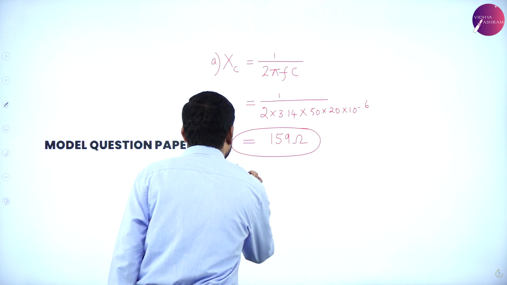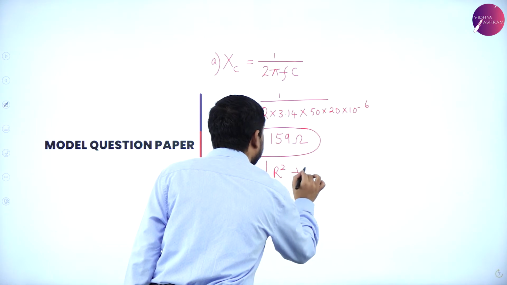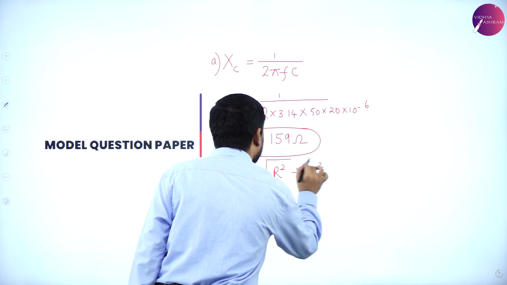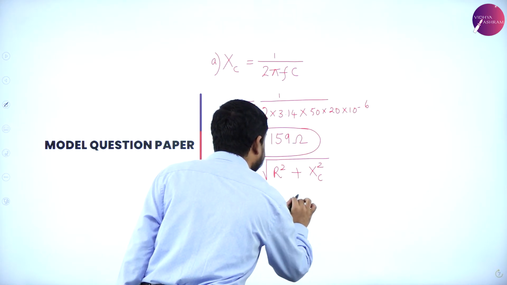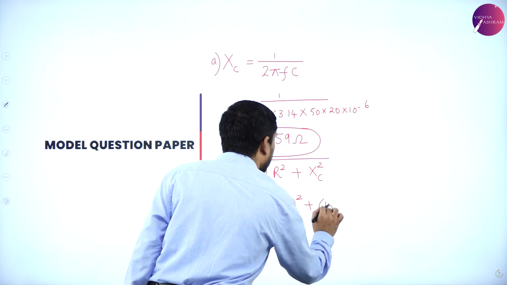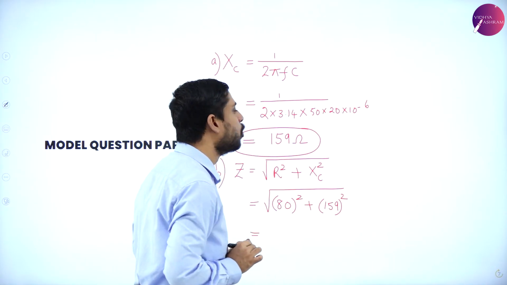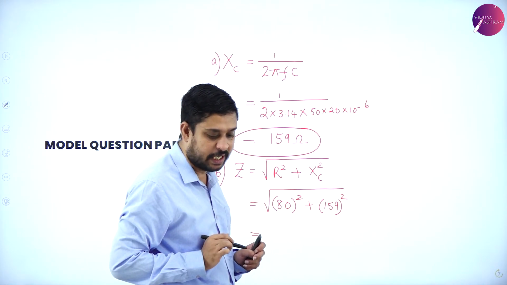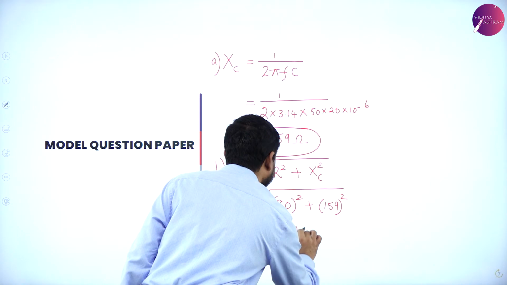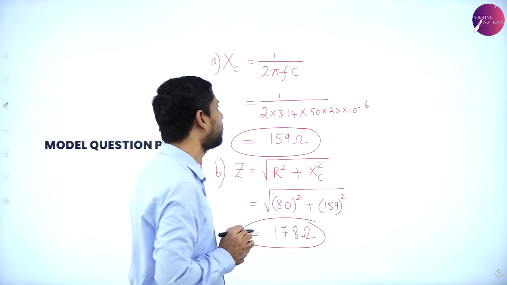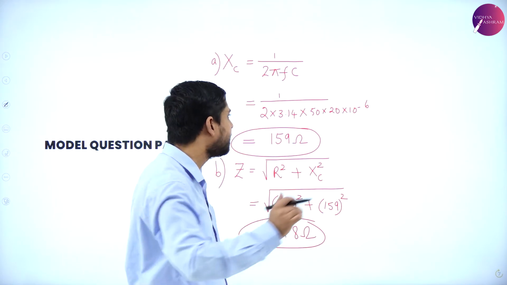The moment you calculate XC, the next one is to calculate the impedance. So Z equals the square root of R square plus XC whole square, which is 80 square plus 159 square. Kindly see that you proceed on with the simplification. So the impedance turns out to be 178 ohms. So XC is done, Z is done.